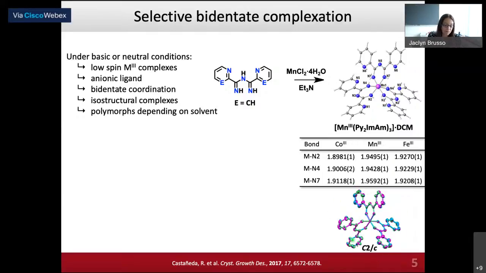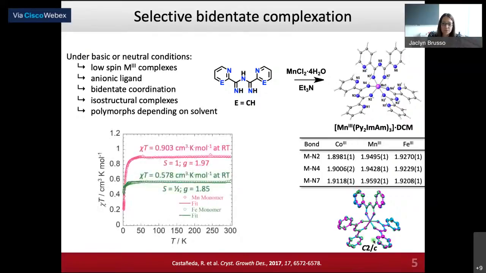Here's an overlay of the 3 derivatives, highlighting the similarities between them. We were able to confirm the oxidation state of the central metal ion through magnetic studies, which indicate that when coordinated in bidentate fashion to 3 ligands, we have low spin metal 3 complexes.